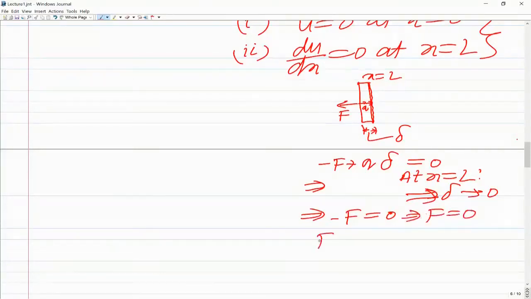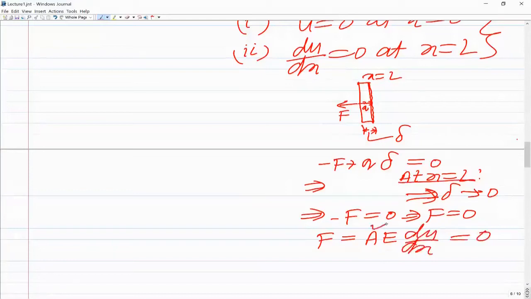Now F is equal to A into sigma xx, and sigma xx is E into epsilon xx, and epsilon xx is du by dx. So we get this as A into E into du by dx. And since F is 0 at x is equal to L, A into E into du by dx is equal to 0.